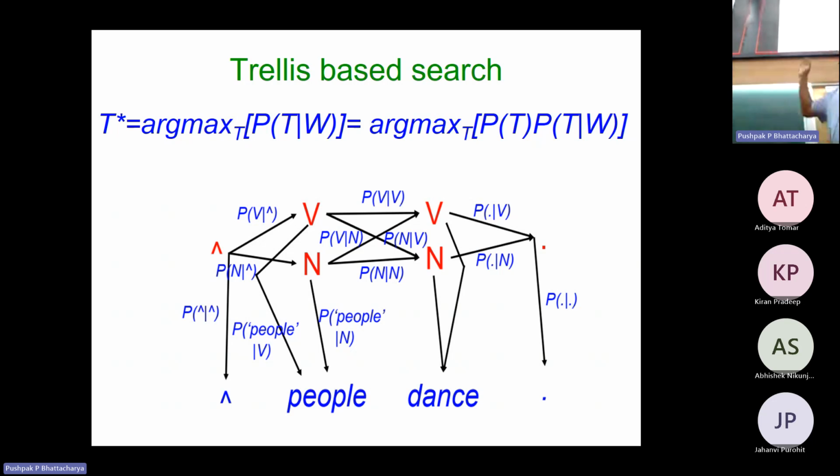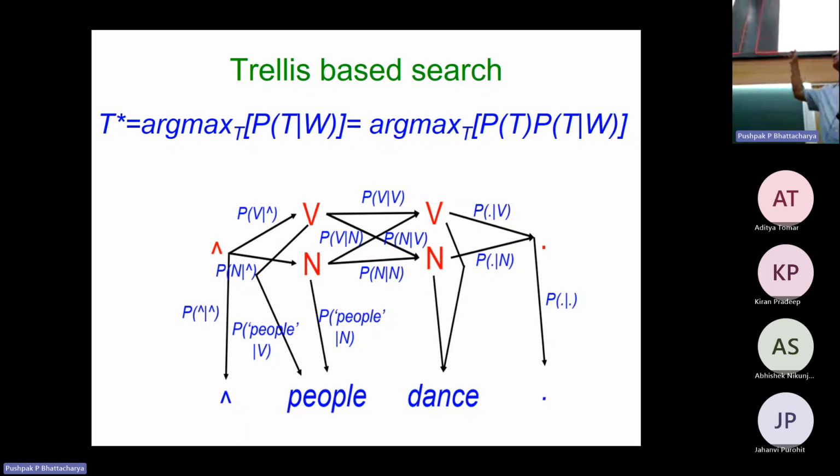From one node to another, we note the probability of the arc. The probability of the arc is augmented by the probability of the observation also. So we take the product of the transition probability and the observation probability from the source node, and that becomes our parameter for the final path.